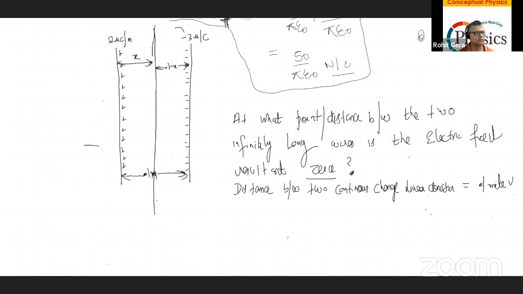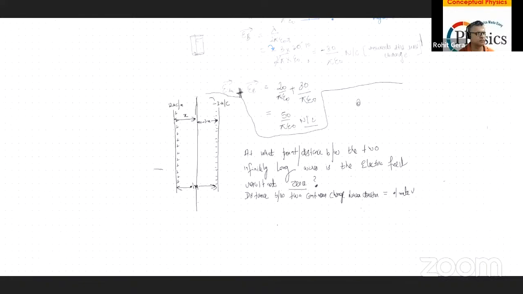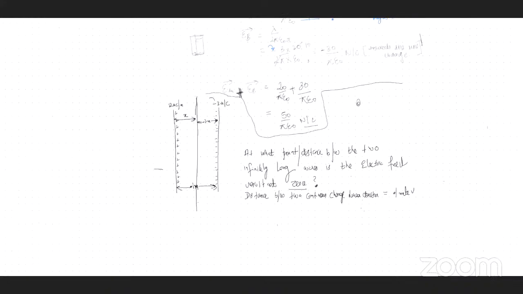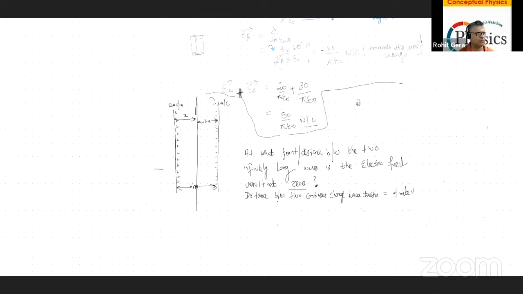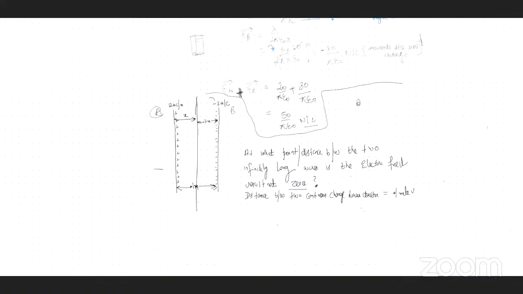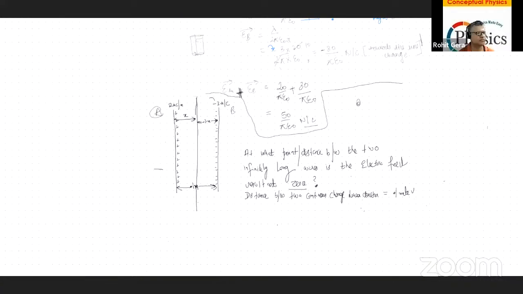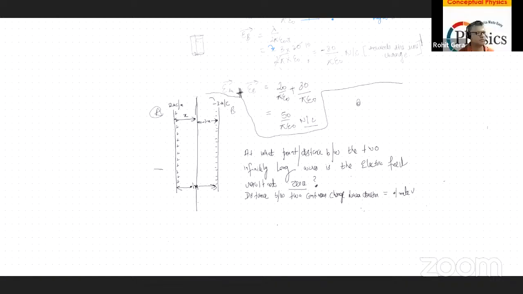Do exactly what we did in the above question. Can we get the electric field due to A and B? Take the vector addition, EA plus EB.